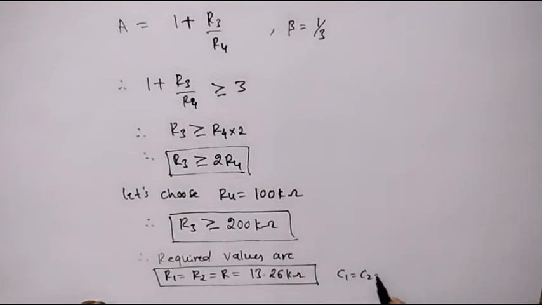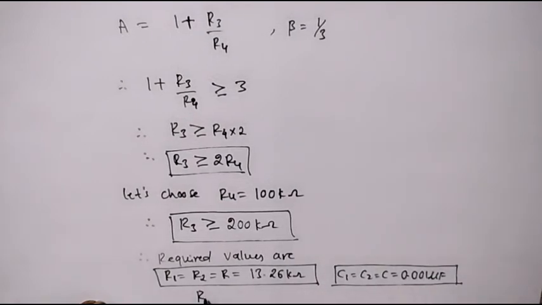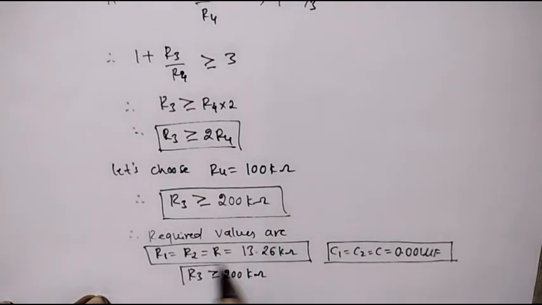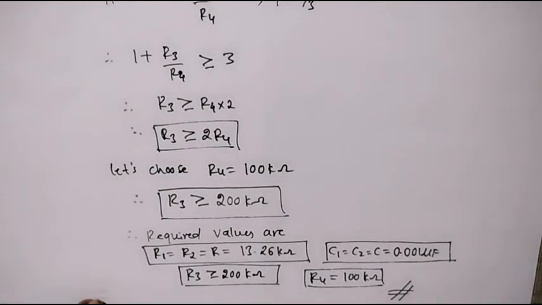C1 is equal to C2 is equal to C, which is 0.001 microfarad. The value of R3 must be greater than or equal to 200 kilo ohm and R4 must be equal to 100 kilo ohm. This is the required solution. Thank you.